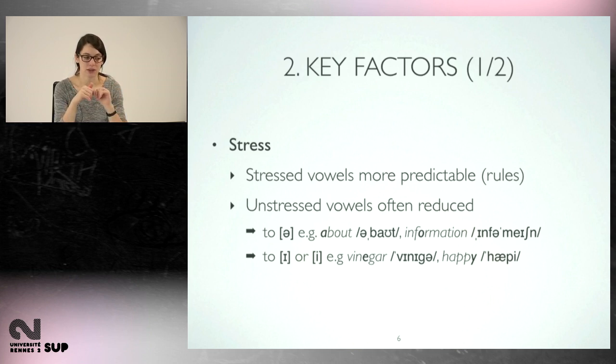So you have E in vinegar, and you have the I, which is realized as a Y, if you like, in happy. The non-phonemic E is non-phonemic because it neither corresponds to the short E nor to the long E. It's a bit in between, okay?